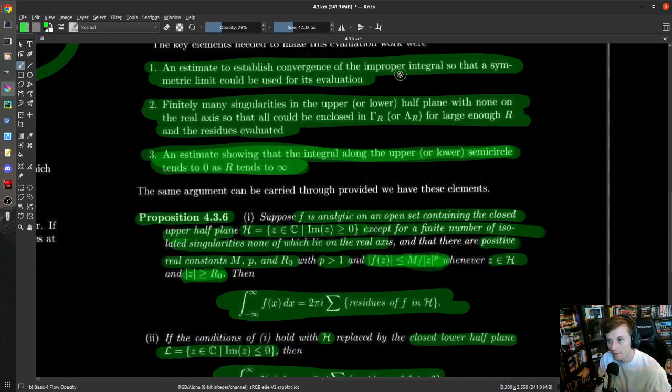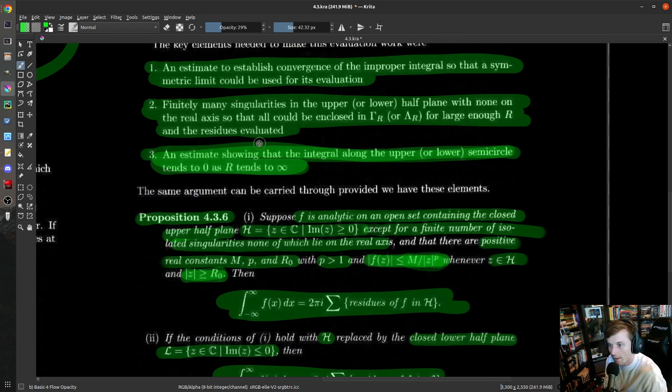There were a couple little pieces here, and we needed to have all these. The first thing we needed to establish was convergence of the improper integral. We needed to know it existed in the first place to use the nice symmetric form of it that we required. After that, we needed there to be finitely many singularities in the upper or lower half plane, none on the real axis, and then we enclosed these in these half circles.